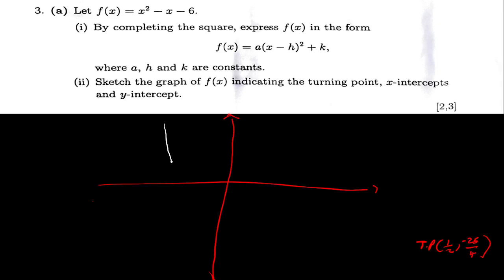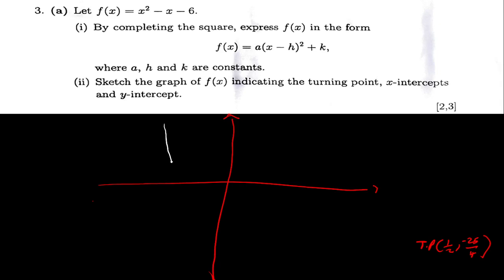So there I'll indicate my first x-intercept, which was 3, and then -2 there, and then the y-intercept was -6 there, and then the turning point was -25 over 4 and also half there.